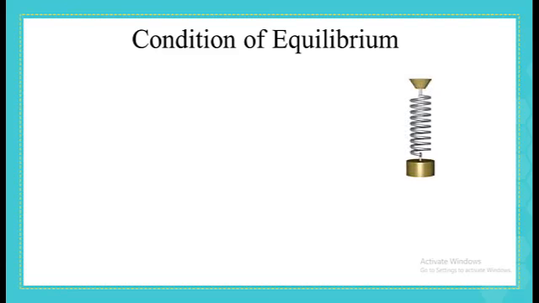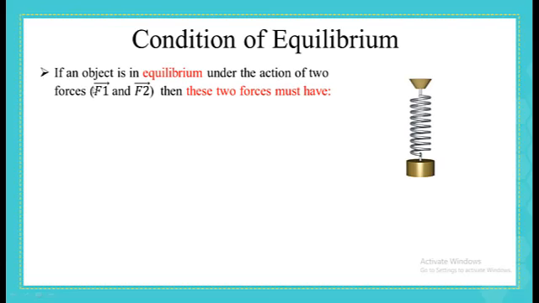Let's take the same example, the object right now, which is at rest, and we say that if an object is in equilibrium under the action of two forces, for example, let's name them F1 with a vector, don't forget it, and F2, then these two forces must have, here is the condition, the same line of action.